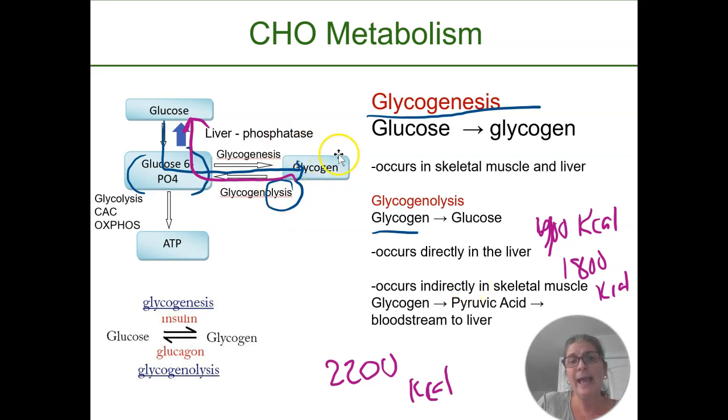The muscle can break it down. It just takes a little bit longer. It doesn't have this enzyme, so it actually has to break it down into pyruvic acid and then send that to the liver so the liver can convert it. So it can happen, it's just slower. When we do glycogenesis and store it, it actually gets stored in our skeletal muscles with a little bit of water. Sometimes it can make your muscles a little bigger.